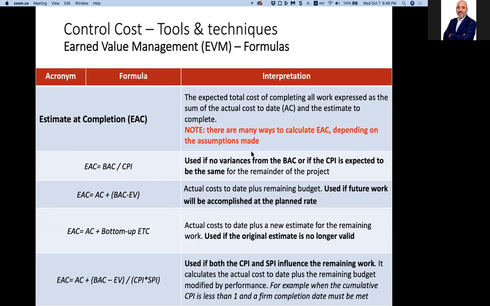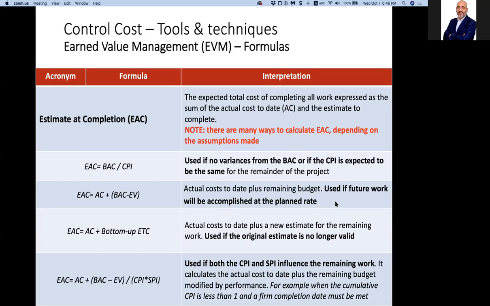It depends. If my performance will not change from now till the end of the project, I use the formula budget at completion divided by my cost performance index. If they tell me the future work will be accomplished at the planned rate, okay, for the remaining of the budget I use actual cost plus the estimate to complete.